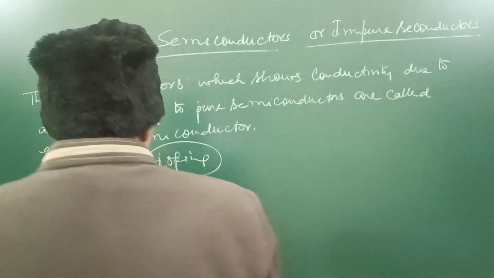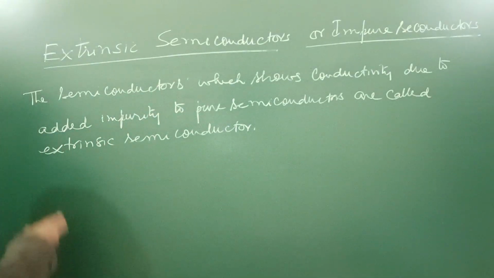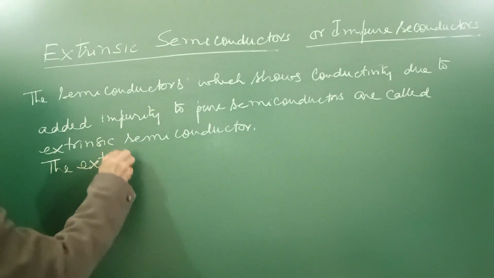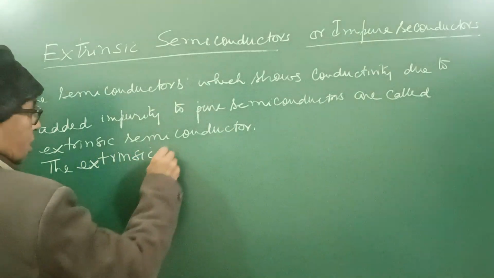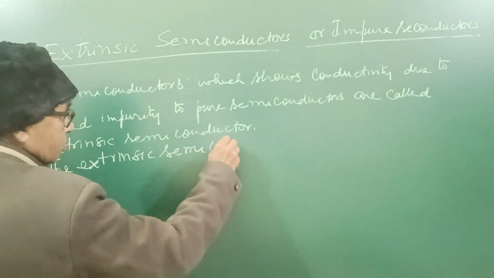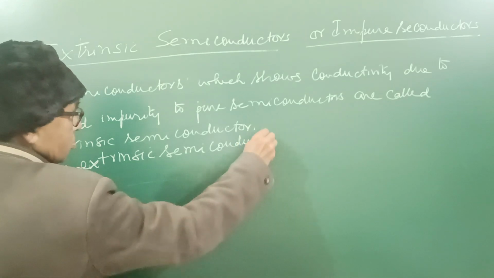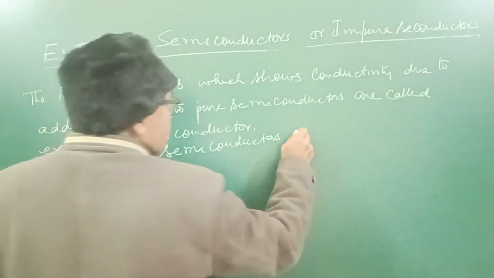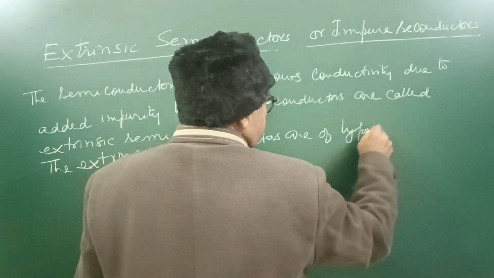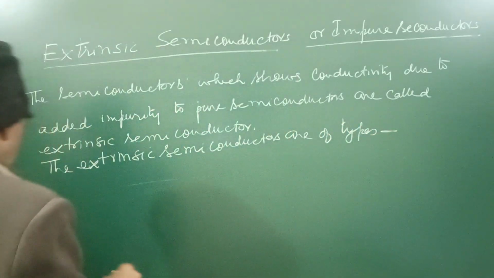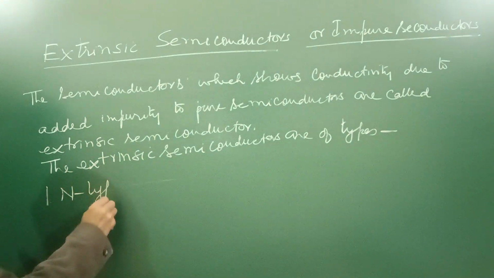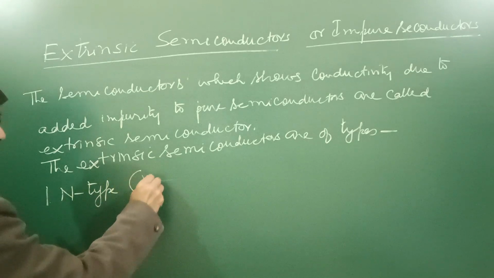So, extrinsic semiconductors are of two types further. Number one, N type. So we may write small n type as it is.